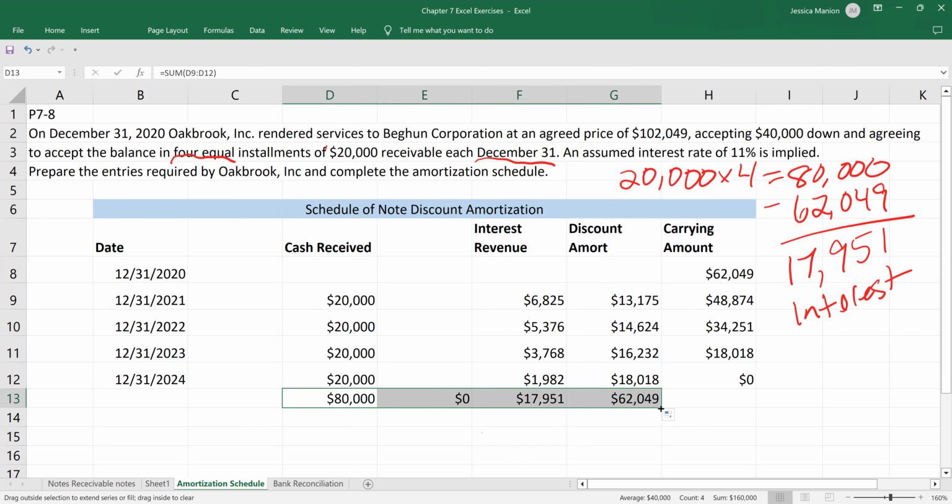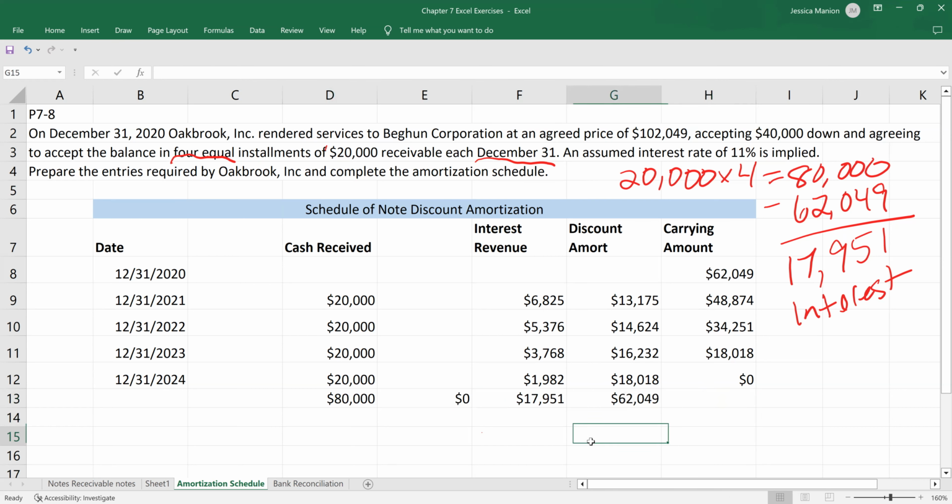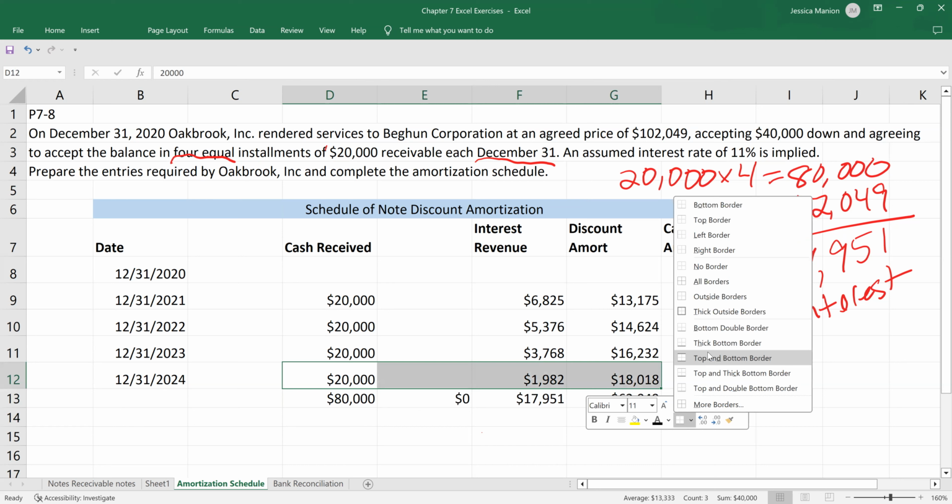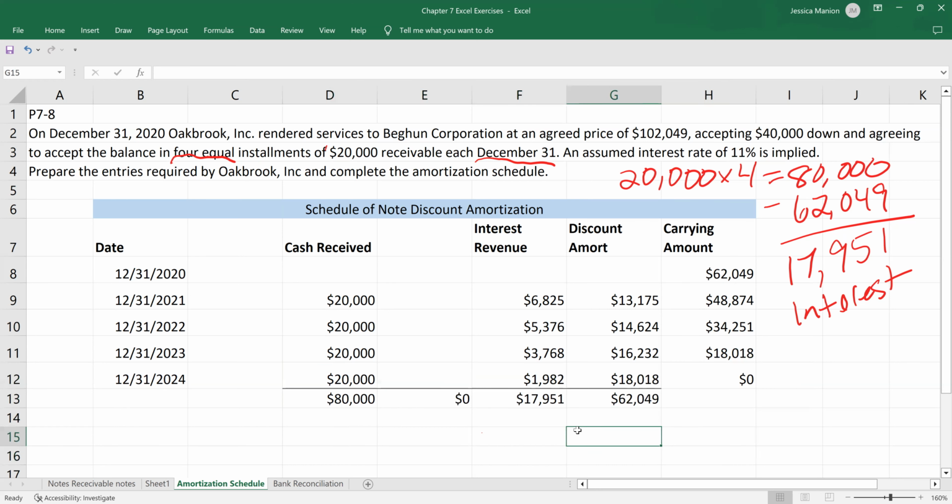If we populate this formula to the columns we needed, we can see here's the total interest revenue that we charged them. We amortized the discount amount that they initially owed us, total payments of 80,000. So we can see that.